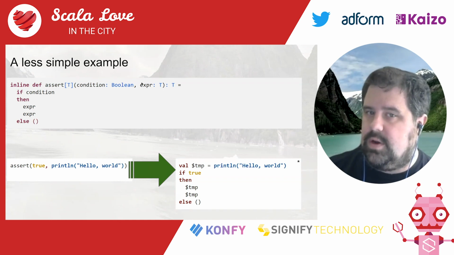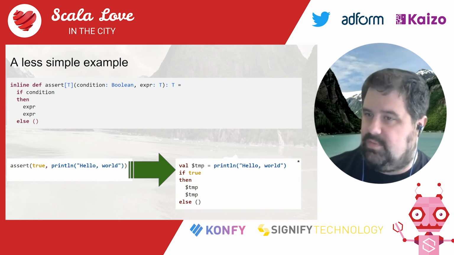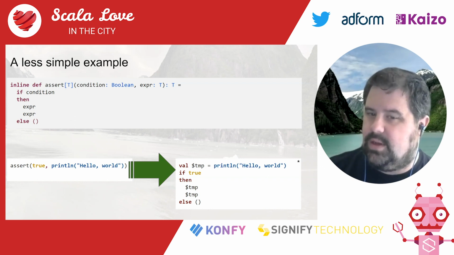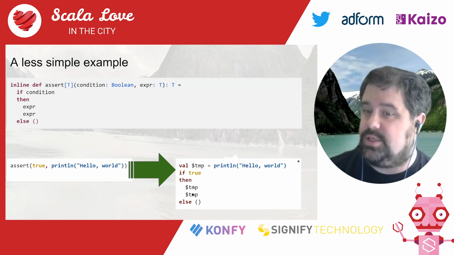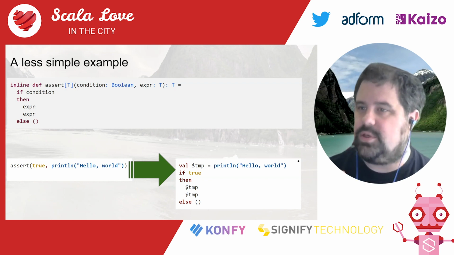And so you're not passing an expression of println, you're actually passing the value of the result of println, which would be unit. And so you're doing if true, then unit. And this actually gets compiled down to just println hello world once, because of how everything shrinks.